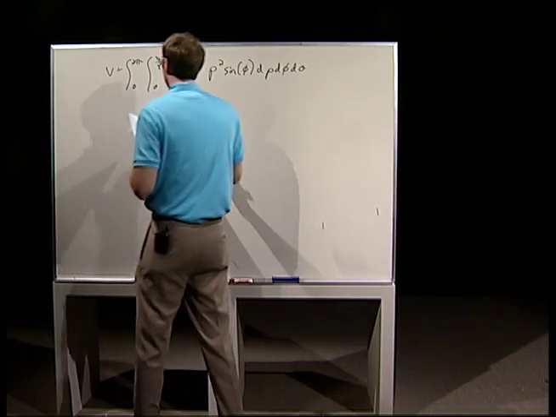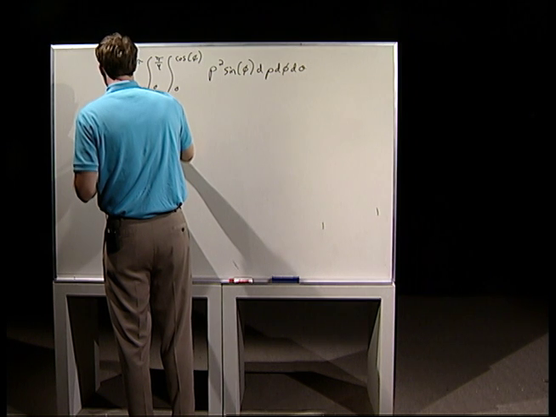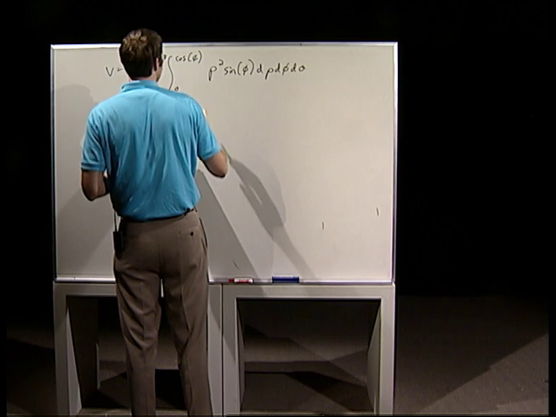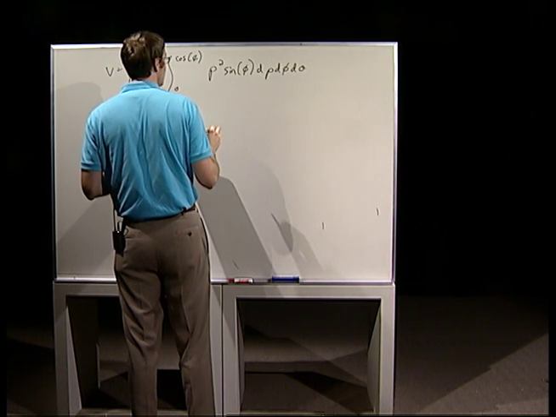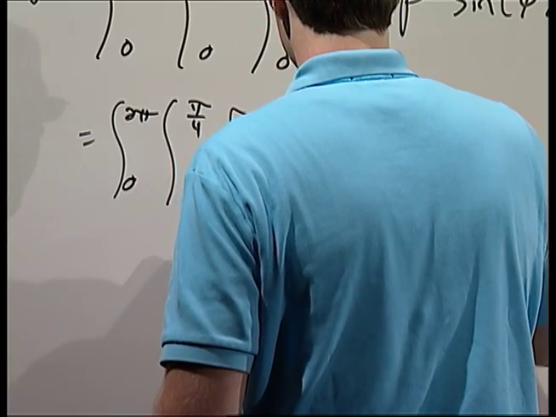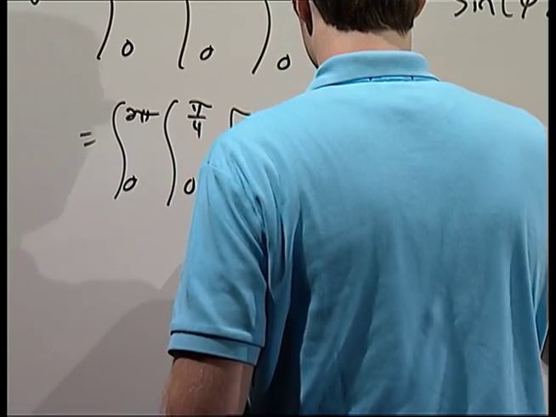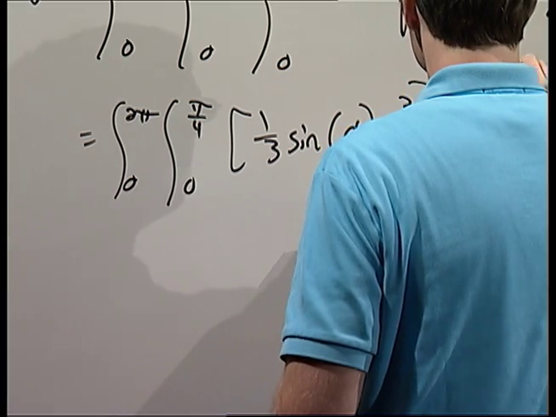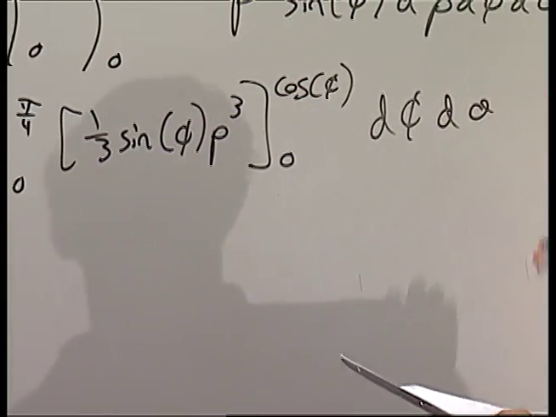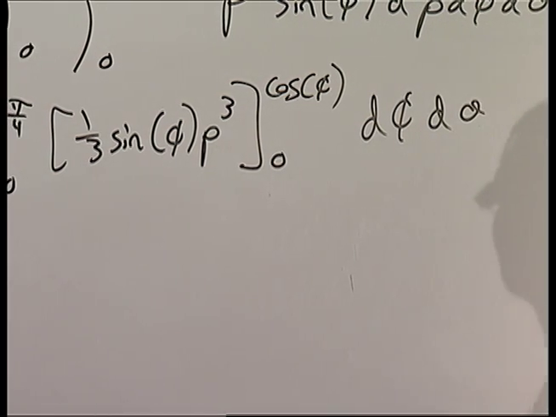Okay, what do we have here? 0 to 2 pi, 0 to pi over 4. Integrating this with respect to rho gives 1/3 sine phi rho cubed from 0 to cosine phi, d theta. So you integrated rho first.